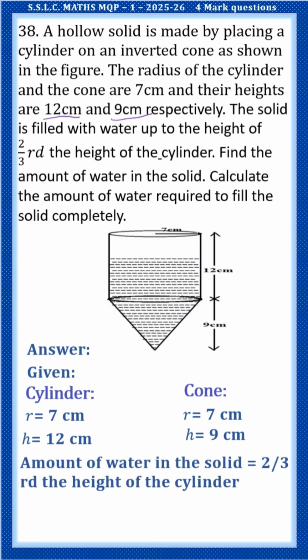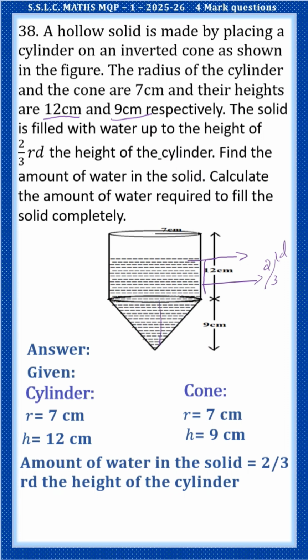The amount of water in the solid up to here means the cylinder's height is filled up to 2/3 of the original height of the cylinder. The height of the cone is 9 cm.